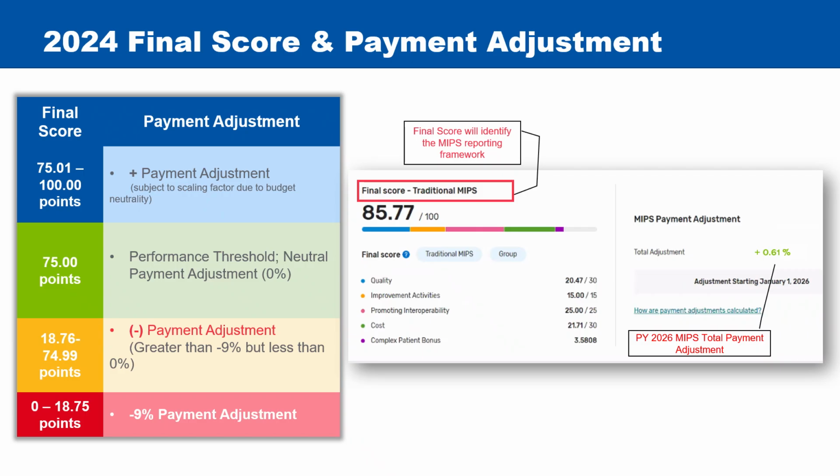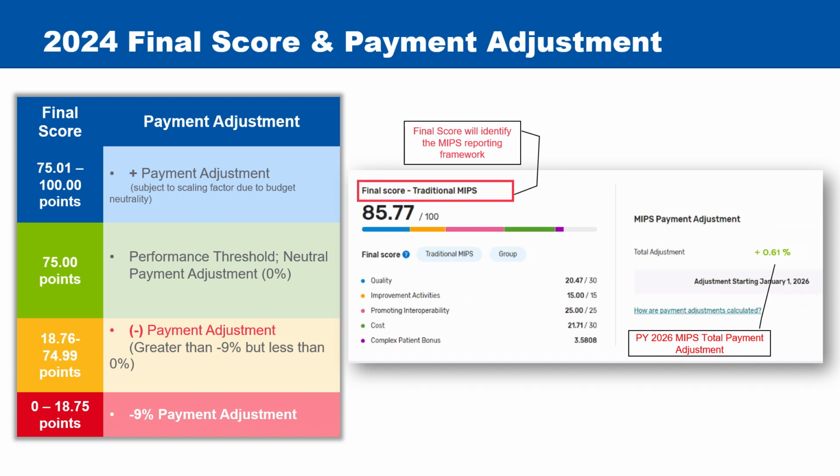If your score falls below 75 points, the percentage of the negative adjustment you receive will depend on the score within that range. For scores between 18.76 and 74.99 points, you will incur a negative adjustment ranging from 0% to 9%.